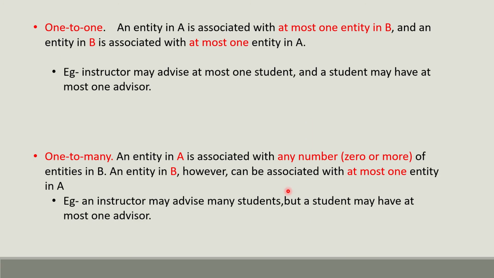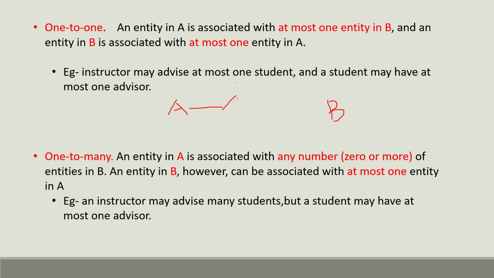We will study each one in detail. What is the meaning of one to one? Suppose A and B are two entity sets, and suppose they are connected by a relationship.